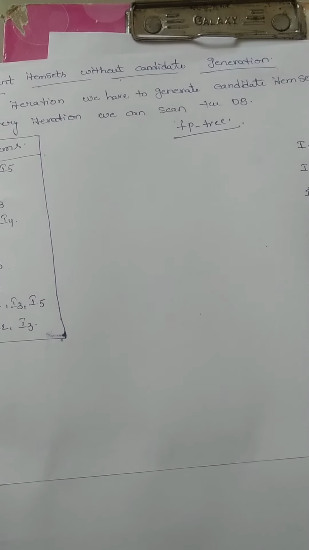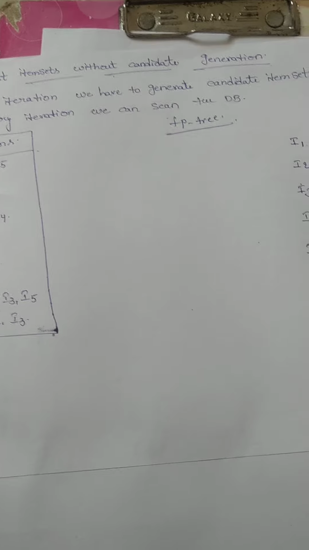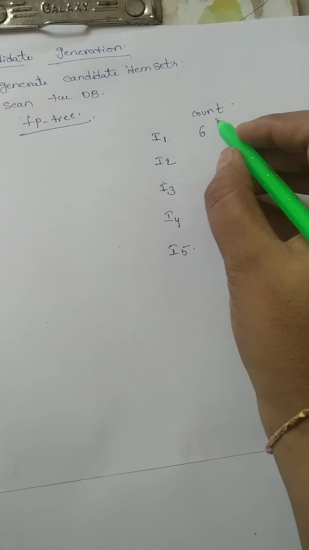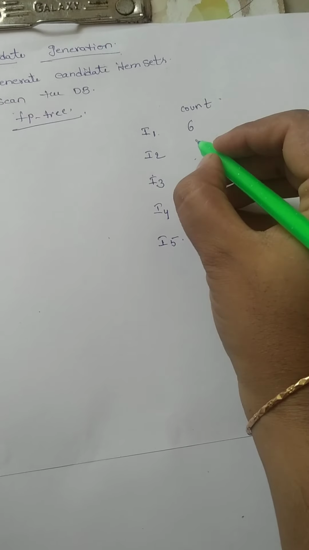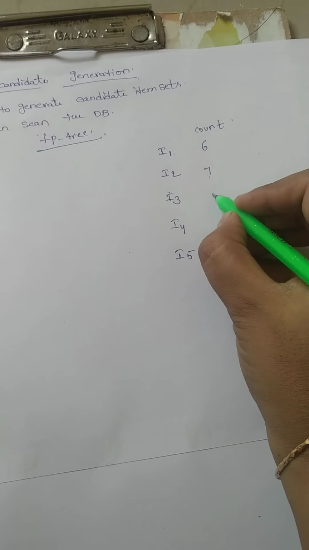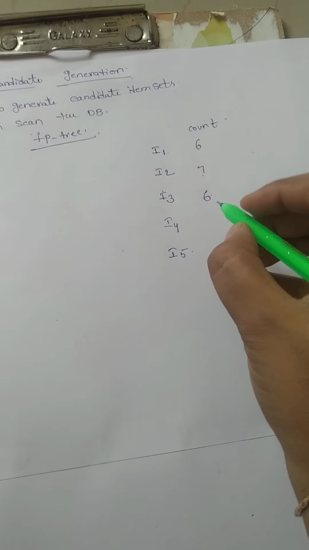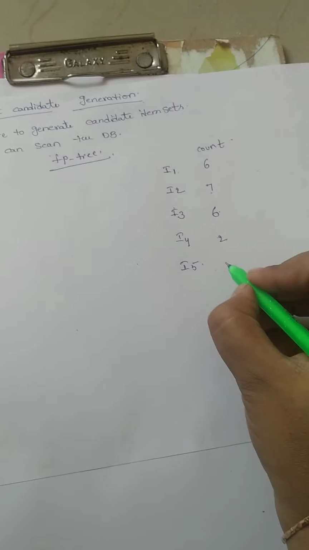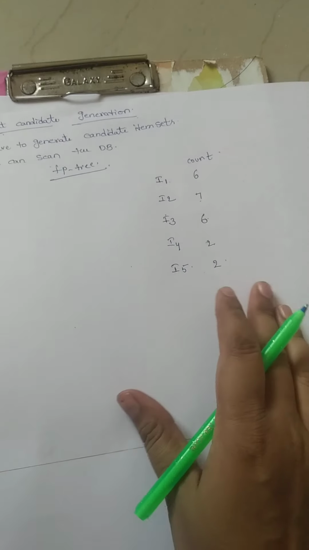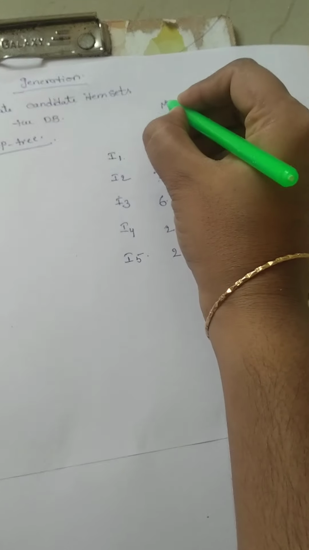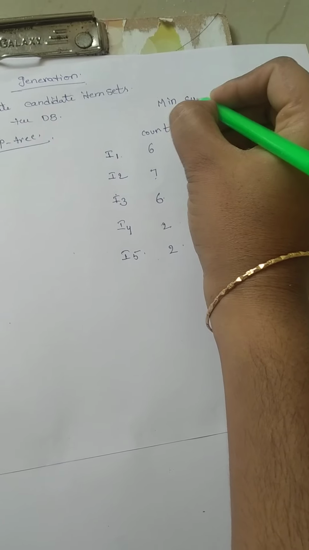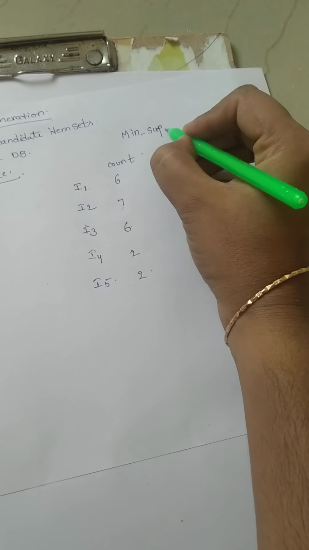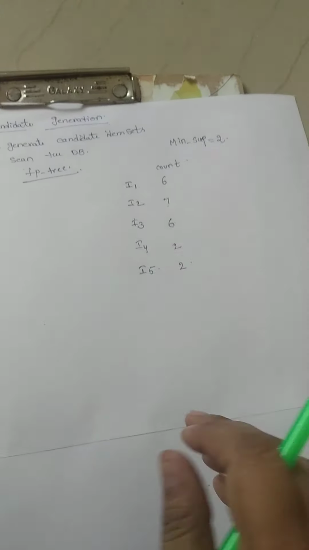So the I1 count is 6. In the same way I2 is 7, I3 is 6, I4 is 2 and I5 is 2. Here the condition is that the minimum support value is 2.